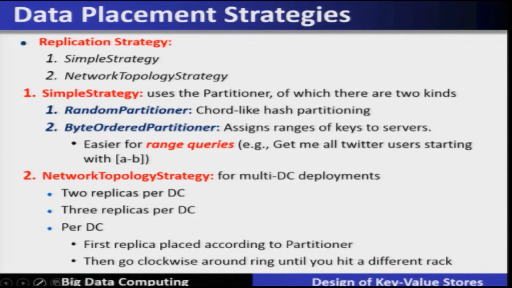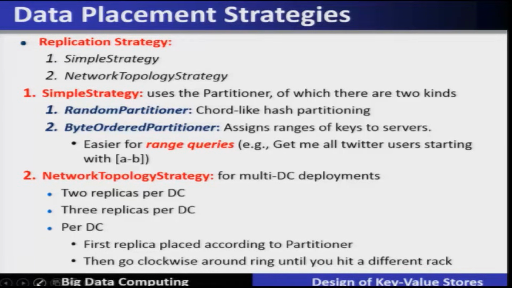Data placement strategies. Replication strategy is of two types, simple strategy and network topology strategy. The simple strategy uses a partitioner, of which there are two kinds: random partitioner and byte order partitioner.